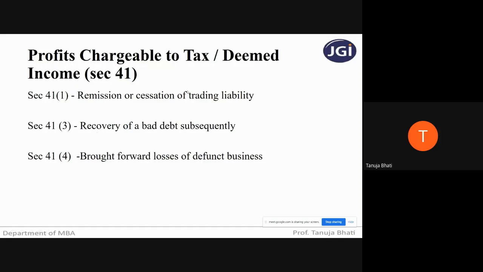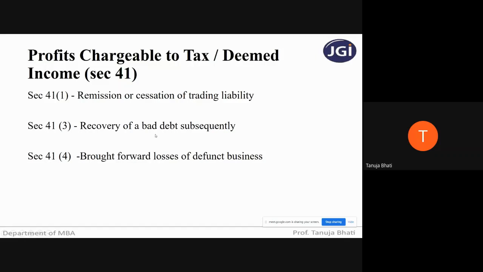Next is recovery of bad debt subsequently. Now, suppose any amount is recovered against bad debts, which earlier you would have taken as a deduction, you have to show it as a deemed income in the year where you have recovered the bad debts.